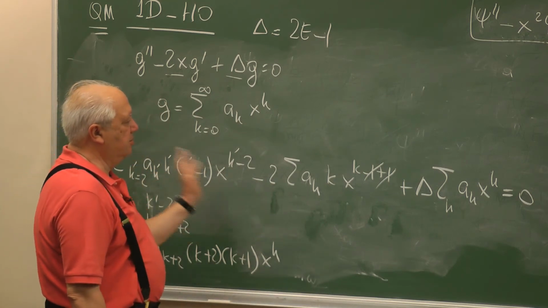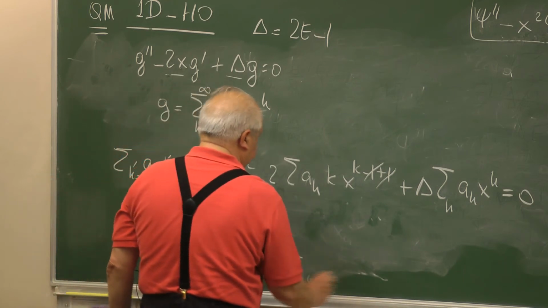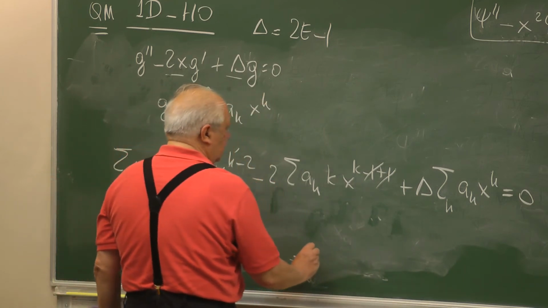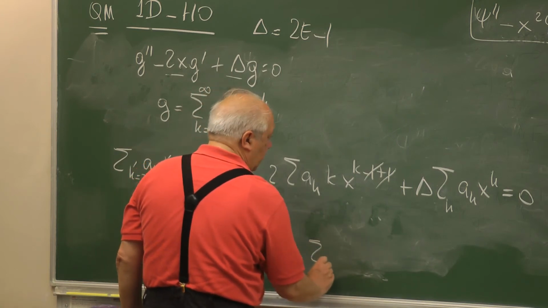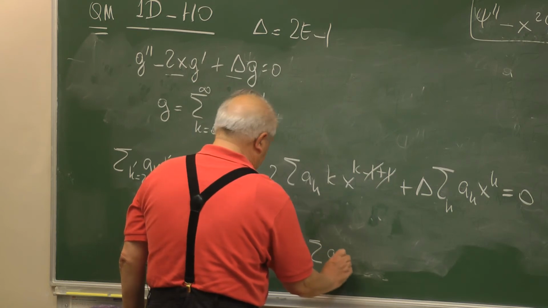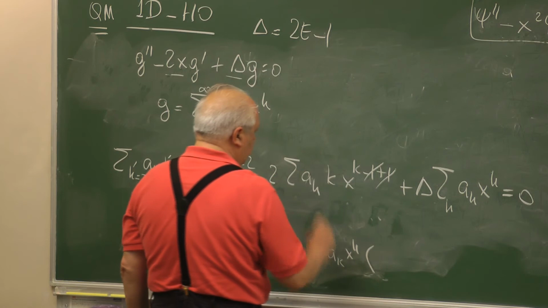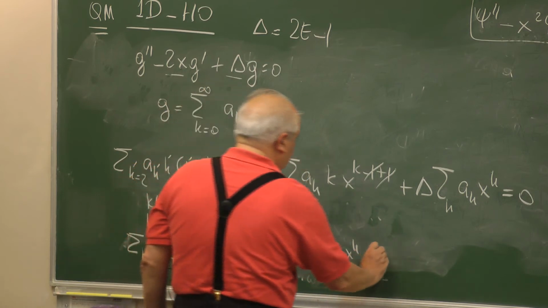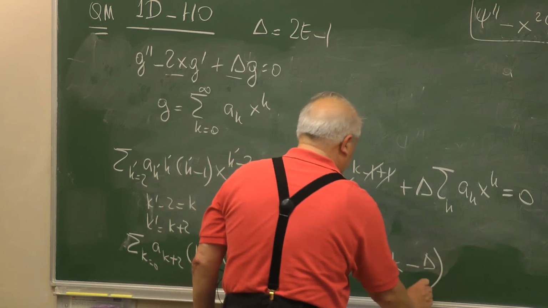Since the result is 0, let me throw these things over there. That's equal to a_k x^k (2k minus delta).